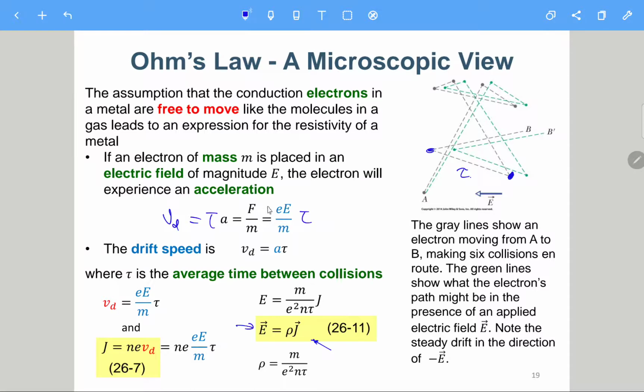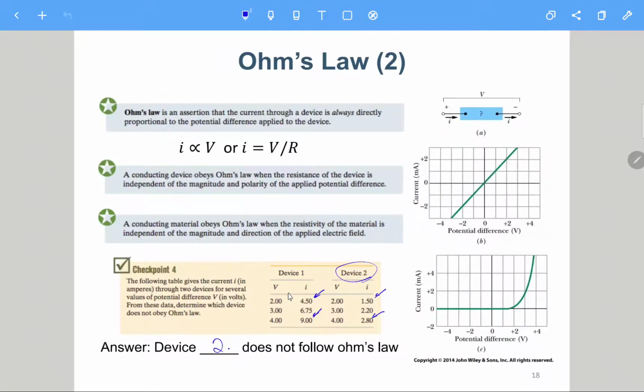So this is another method to show that this is a constant for a given material, and it may vary for different materials. It is another way to explain Ohm's law, because when you get Ohm's law, it is like we try to measure a resistor here.